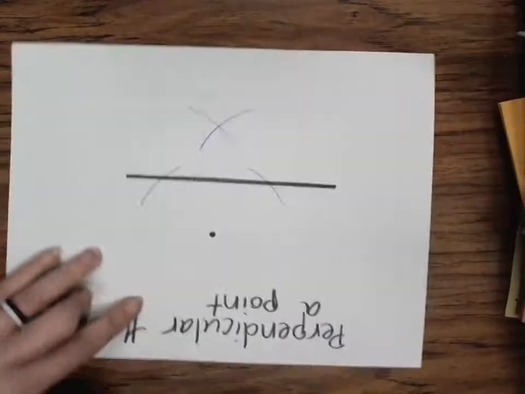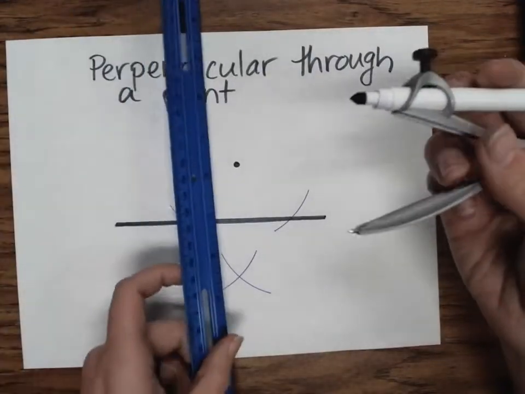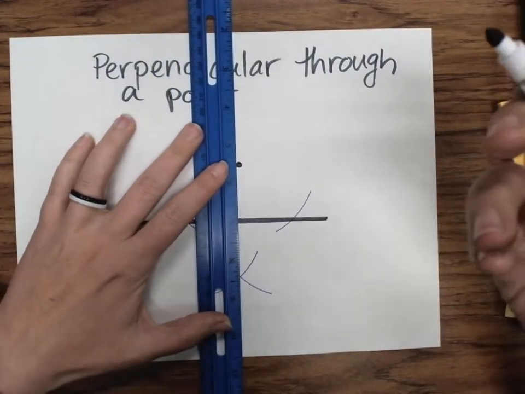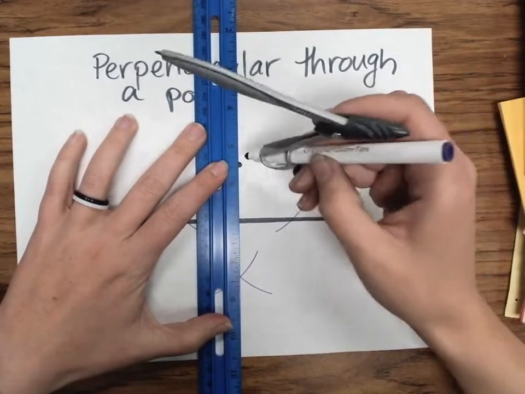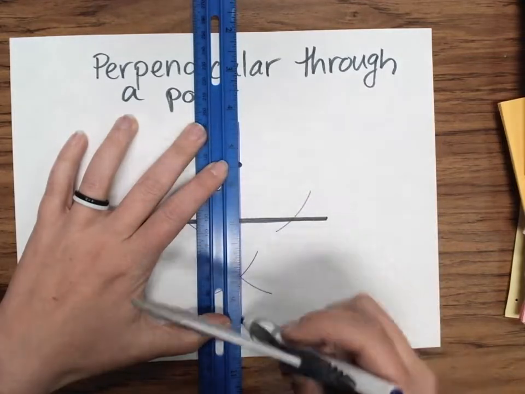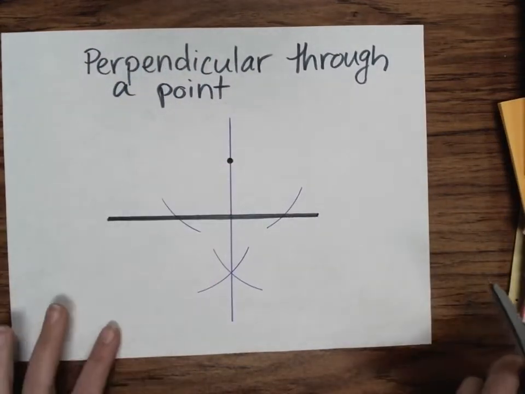Make another arc from the other side without changing the distance, and then you're just going to draw your line through the point you were given and the intersection of those two arcs. Just like that. So that should be perpendicular to this line here.